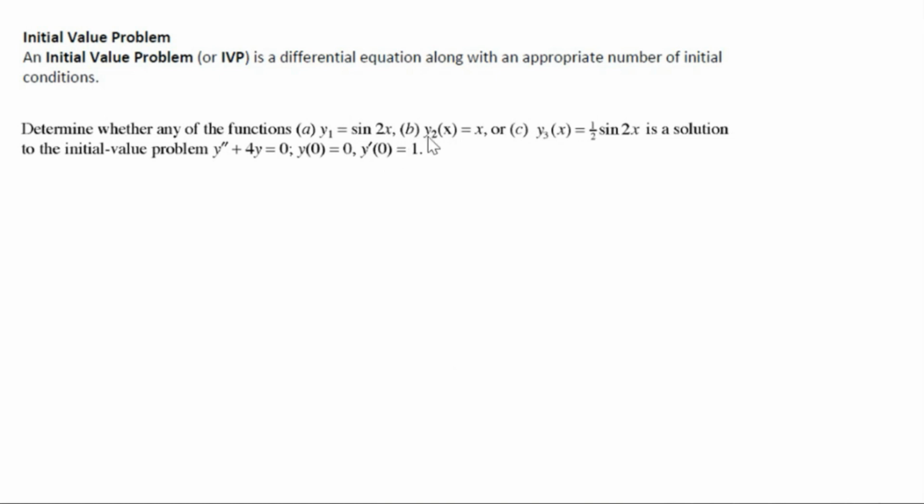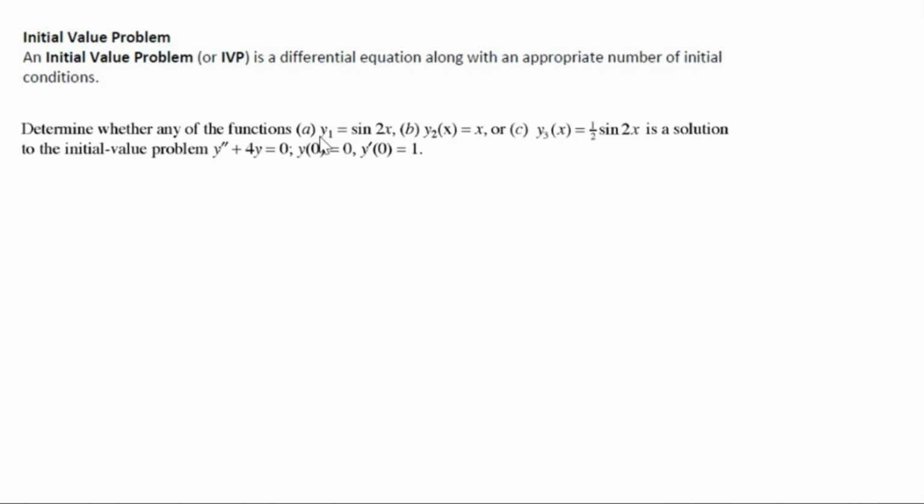Letter B, y sub 2 of x is equal to x. Or C, y sub 3 of x is equal to 1 half of sine 2x, is a solution to the initial value problem y double prime plus 4y is equal to 0, y of 0 is equal to 0, and y prime of 0 is equal to 1.